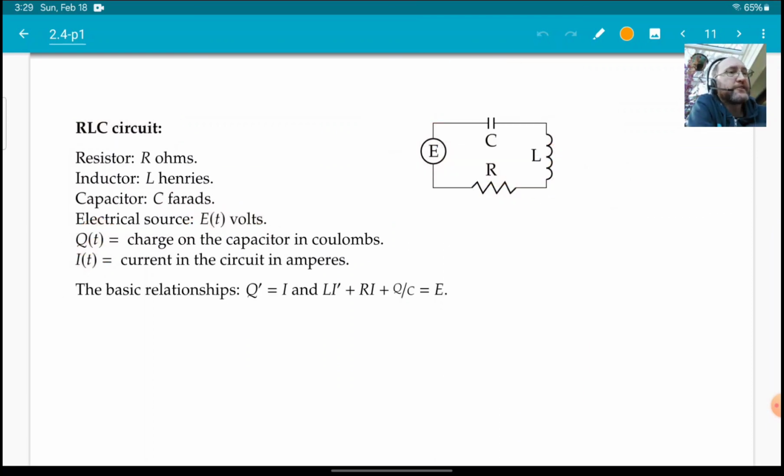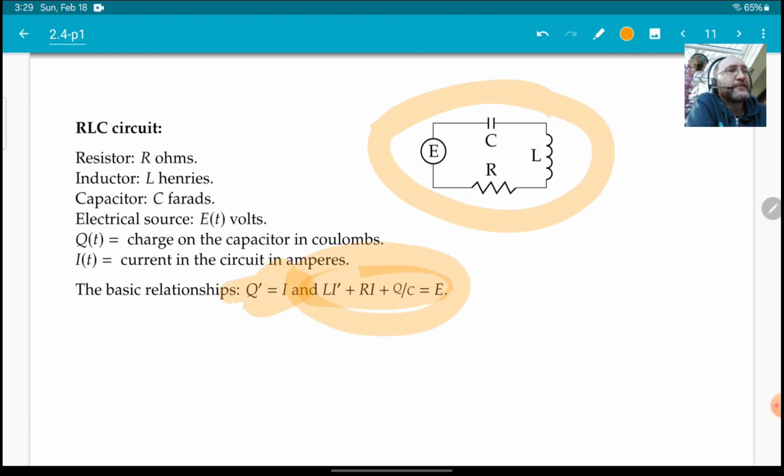Now the basic relationships are that the change in the charge is equal to the current flowing through the circuit, which makes sense. If the capacitor is charging or discharging, that's what's happening. Let's not go through the basics of this, but basic principles will tell you that there's this equation over here.